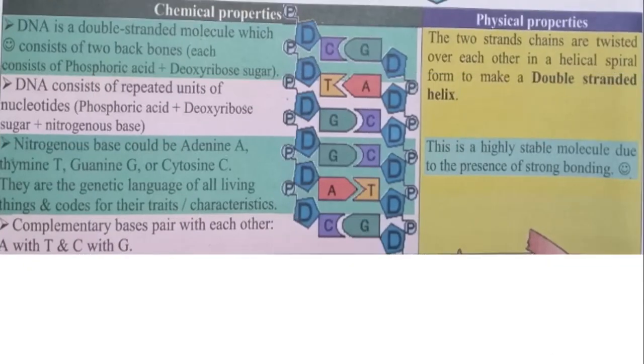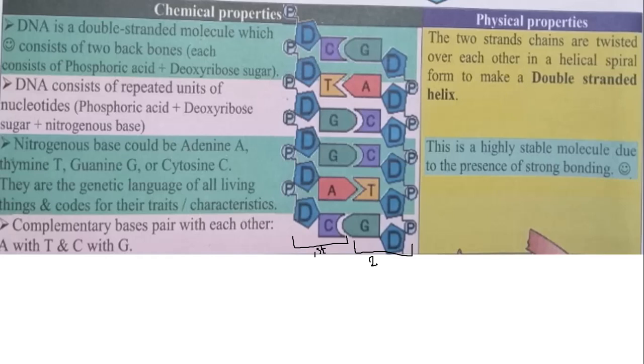We have said also that DNA is double-stranded. Each strand is made up of a backbone. This is the first strand, and this is the second strand.